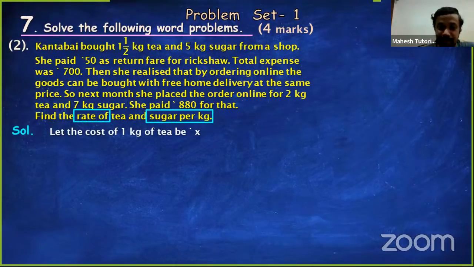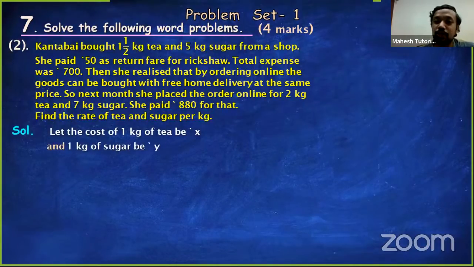It means we need to find the cost of 1 kg of sugar. So let us assume the cost of 1 kg of sugar as rupees Y. So as per the assumption, the cost of 1 kg of tea is rupees X and the cost of 1 kg of sugar is rupees Y. Now let us proceed towards the first condition, students.